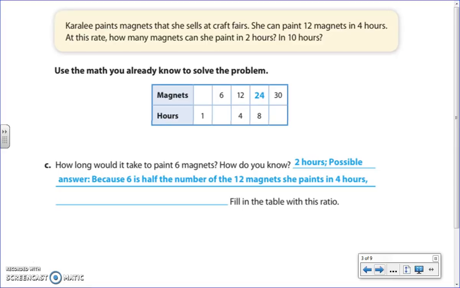So one possible answer could be that if I'm moving from 12 to 6, I'm dividing by 2. So if I move from 4 down to the related ratio, I would also be dividing by 2. So that will give me 6 to 2, so 2 hours, because 6 is half the number of 12, and 2 is half the number of 4.